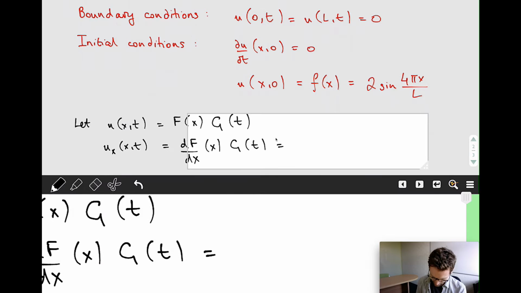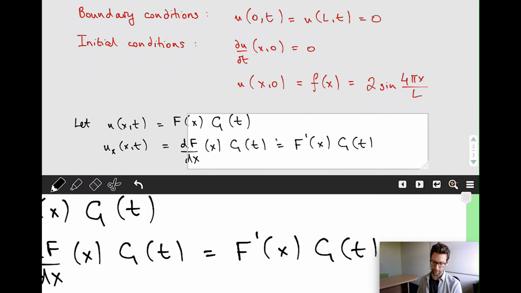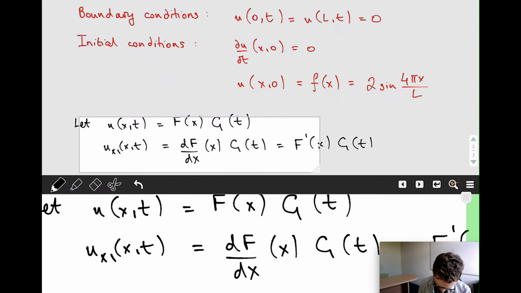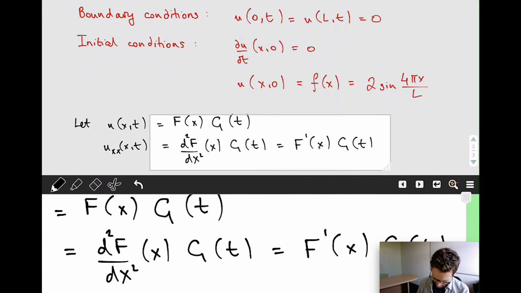And I'm going to introduce the notation that the derivative of f is f prime. So f of x is just a function of one variable, so writing it with a prime clearly means that I'm taking the derivative with respect to its argument. I can find the second derivative with respect to x as well, and I get f double prime.